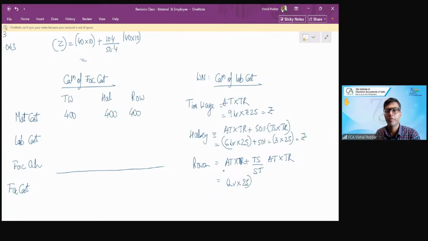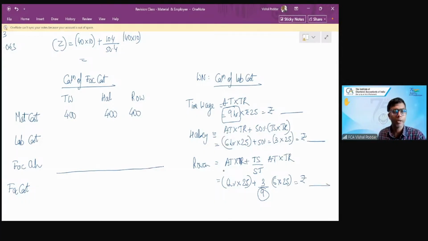Again here, 6 into 25, and time saved is 3 upon standard time, which is 9. So students, what is interesting is that what is actual hours in your time wages has become standard hours in your incentive. This is what you have to interpret and understand from the language given. So this is how you find out your labor cost.